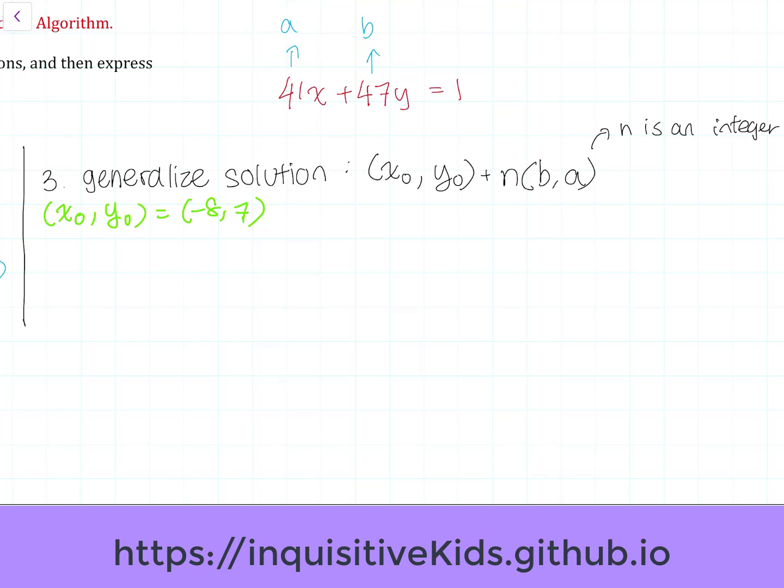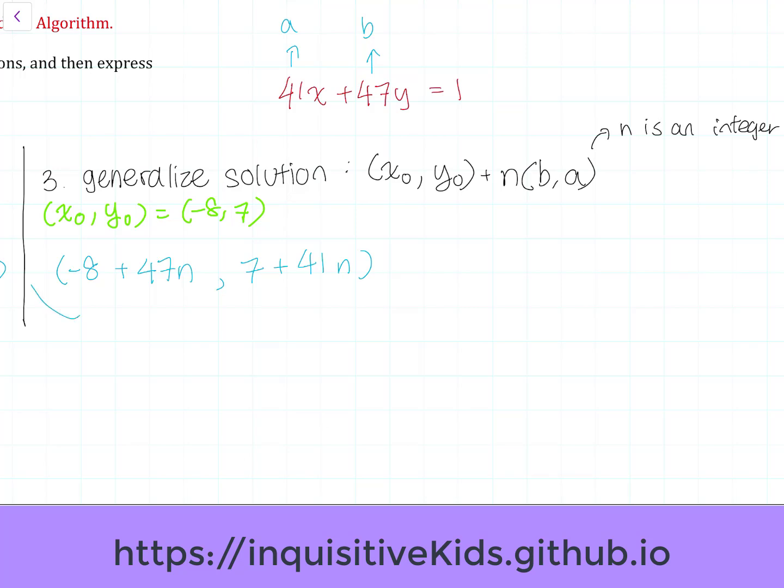So in this case, if we were to plug all these values into the general solution of this Diophantine equation, we're going to have -8, so that's x0, plus bn, and b is 47, so 47n is our x value, and all of the y values can be expressed as 7 plus an, and a is 41, so 41n.